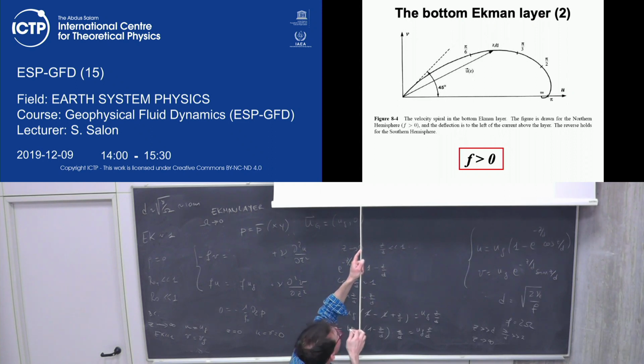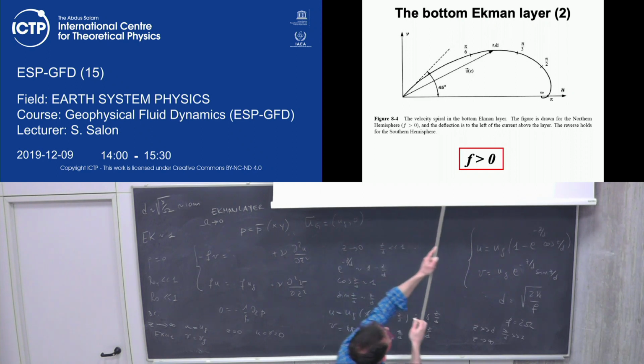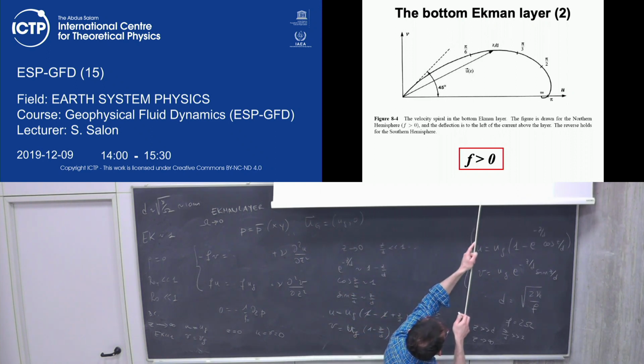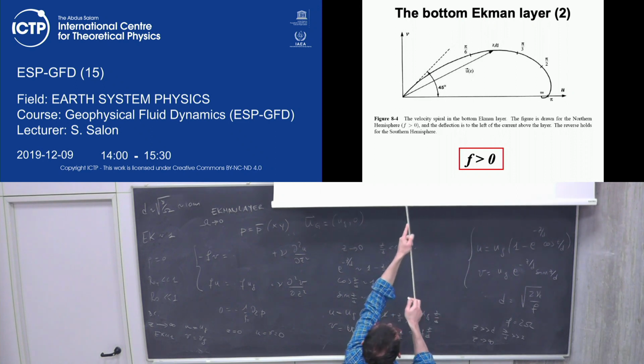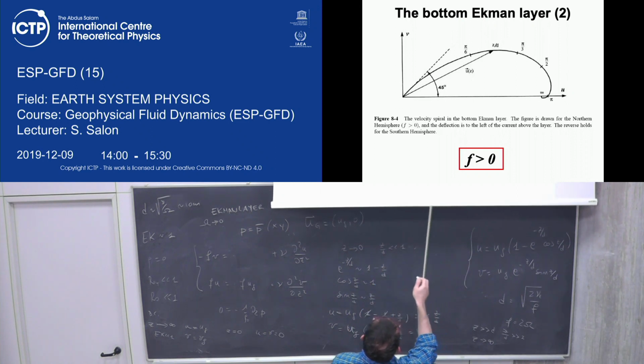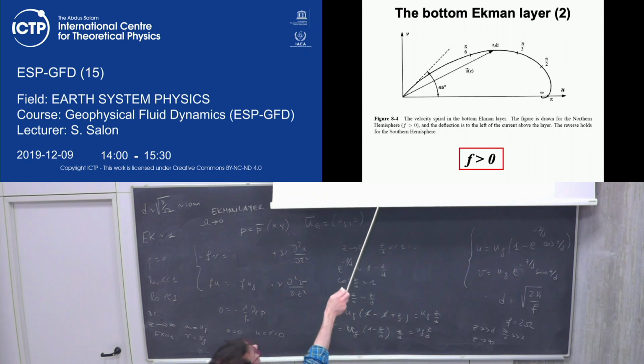This is a constant, so z is equal to 0, so U and V are equal to 0. When I'm here, U is equal to U geostrophic. In every single point, I have a different value of z over D.